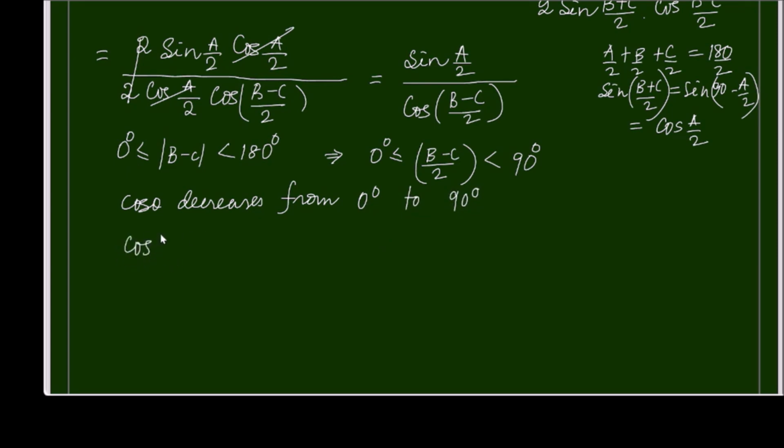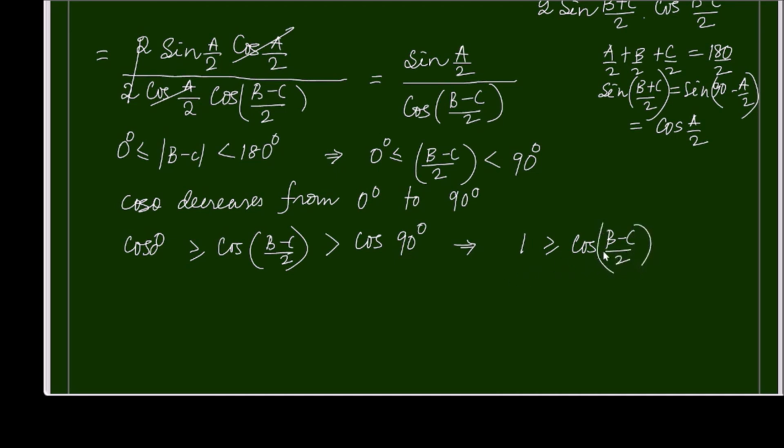So cos 0 degrees is greater than or equal to cos (B minus C) by 2, which is greater than cos 90. This implies that cos 0 is 1, so 1 is greater than or equal to cos (B minus C) by 2.